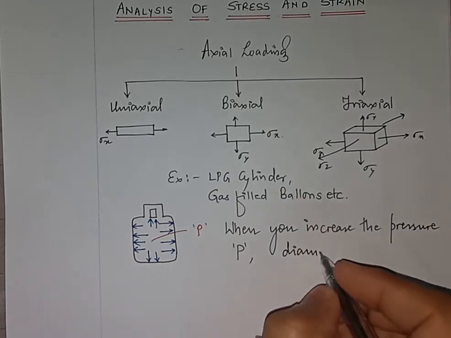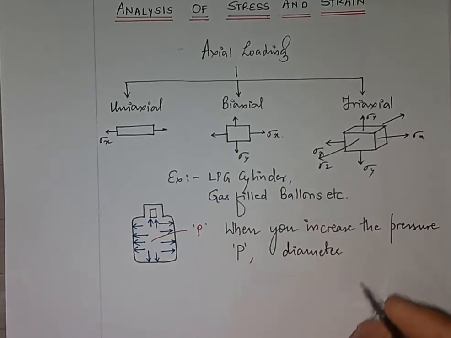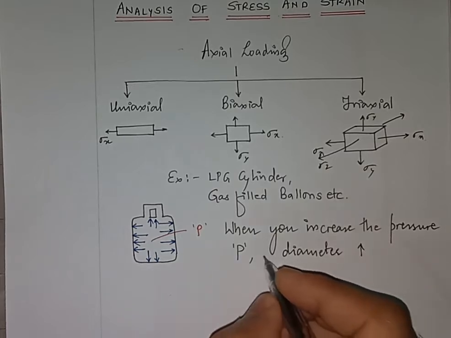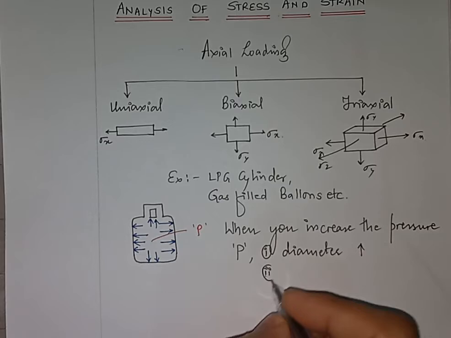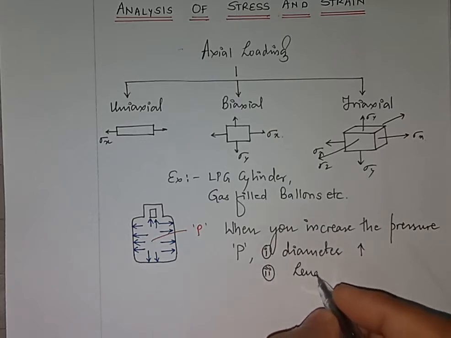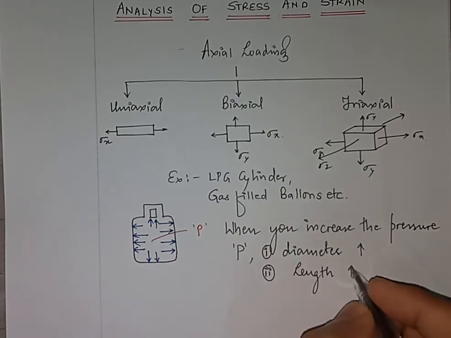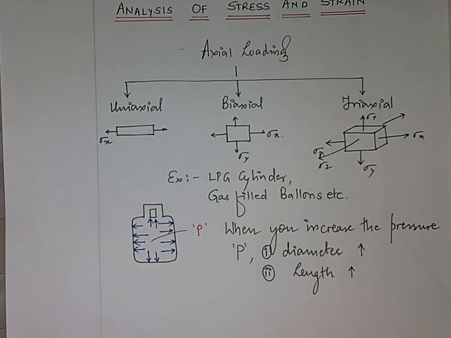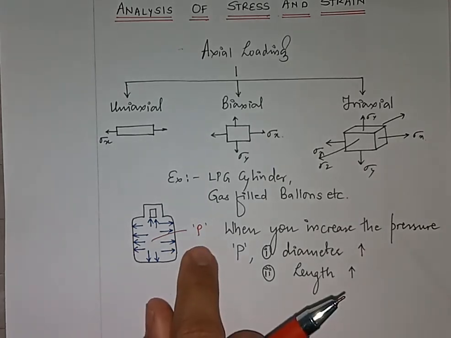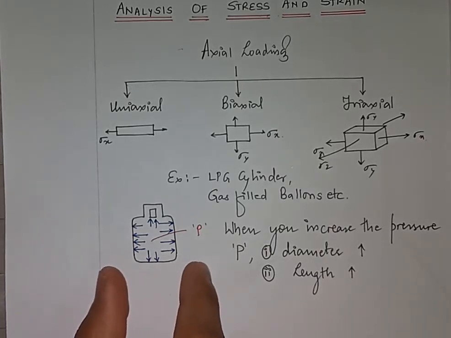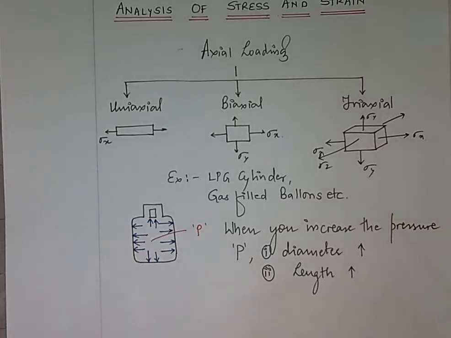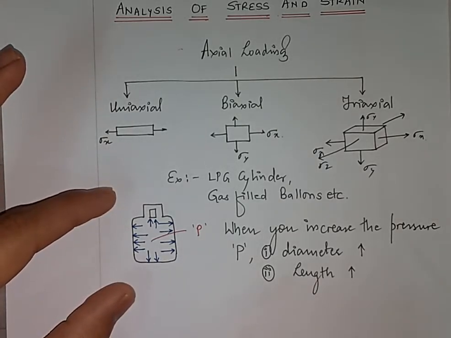Diameter increases, that is the first thing, and the second thing is length will increase. So what I'm trying to tell you is, whenever this pressure P is increased, this cylinder will try to increase in diameter, as well as it will try to increase in length.